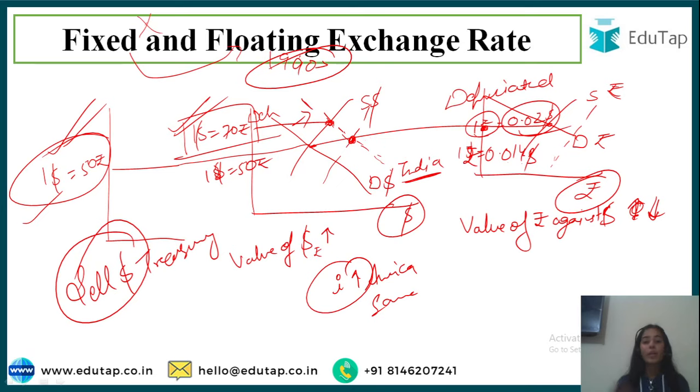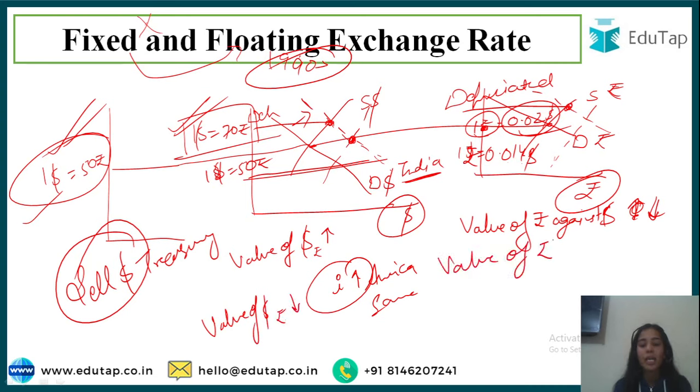So I hope you understand that if depreciation or appreciation is happening, now if appreciation is happening, that is, demand for rupees is increasing and the rupee is appreciating and the dollar is depreciating, so the value of the dollar against the rupee is decreasing and the value of the rupee against the dollar is increasing. So what will happen in the appreciation case?